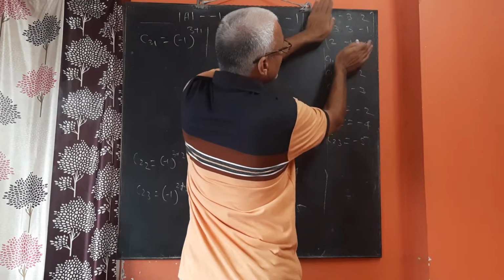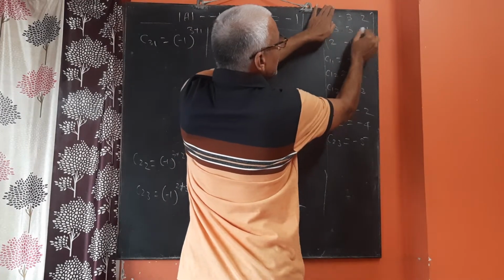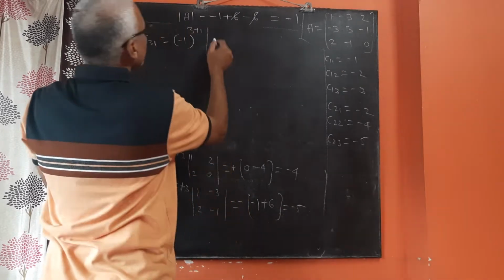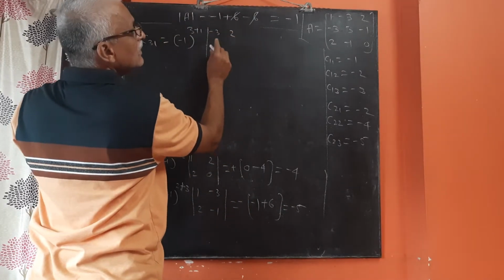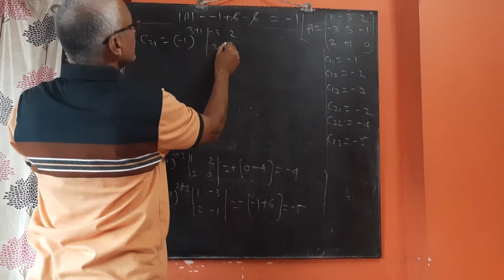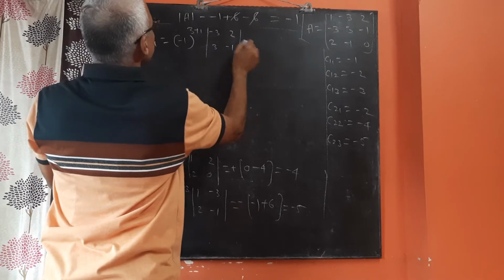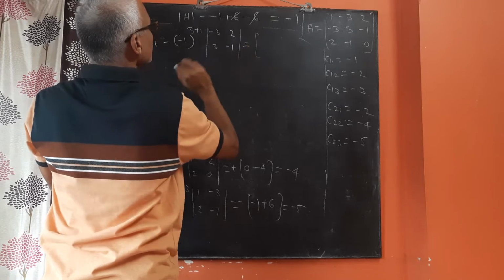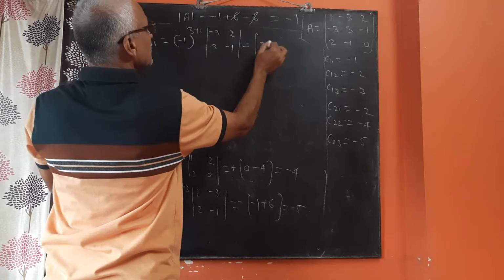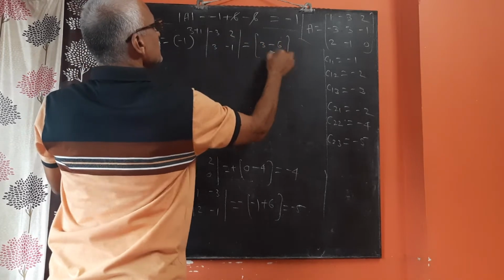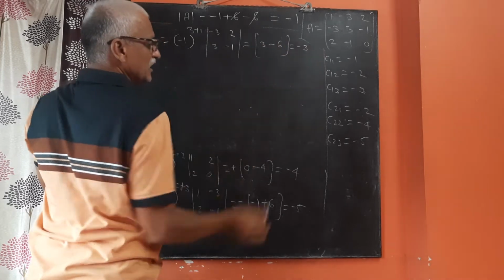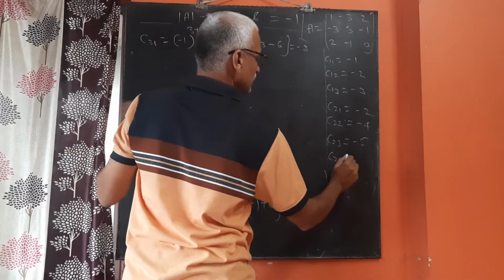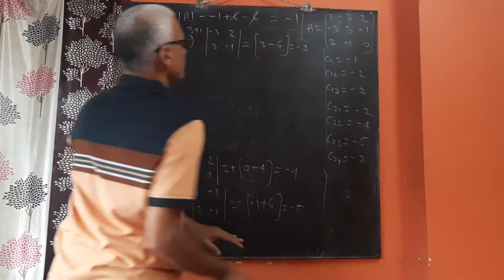This row and this column gone. Minus 3 2, 3 minus 1. Minus 1 raised to 3 plus 1 is 4, that means positive, into minus 3 into minus 1, 3, minus 3 into 2, 6, 3 minus 6 is equals to minus 3. So C31 is equals to minus 3.